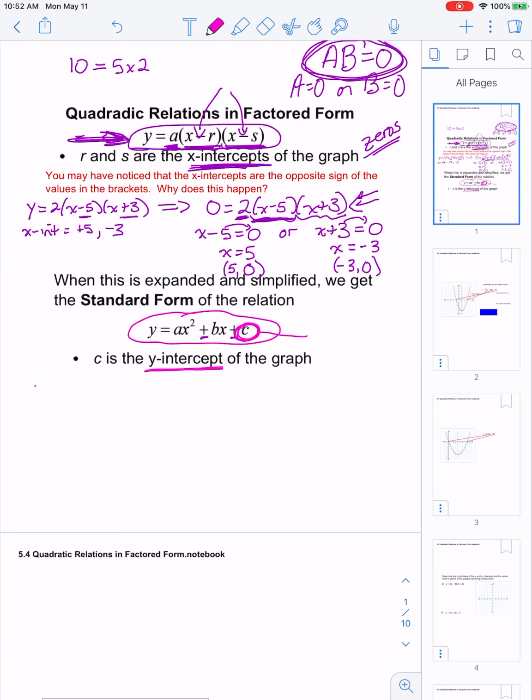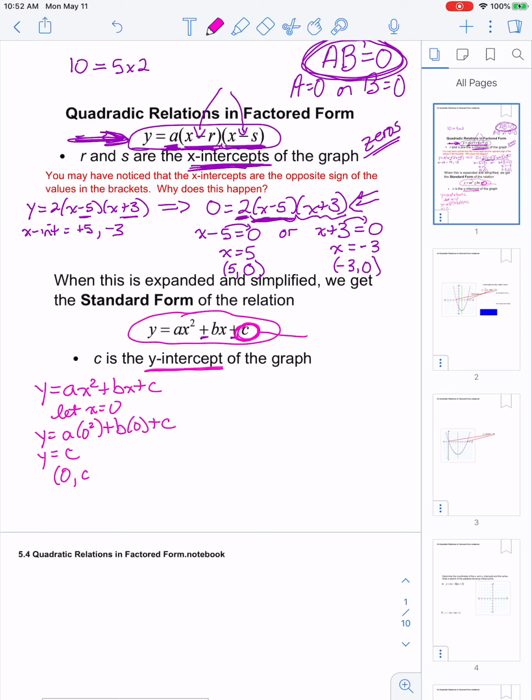So if I take the equation y equals ax squared plus bx plus c, and I let x equal 0, I get y equals a times 0 squared plus b times 0 plus c, and that just turns out to be c.